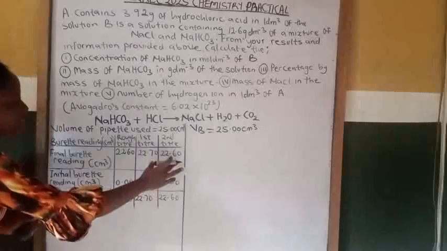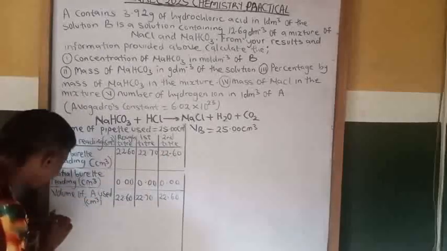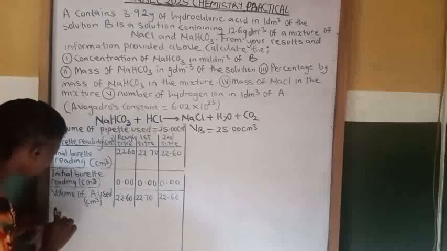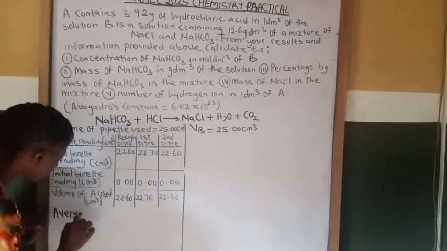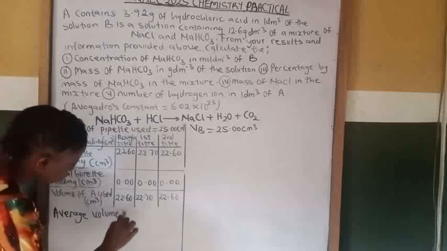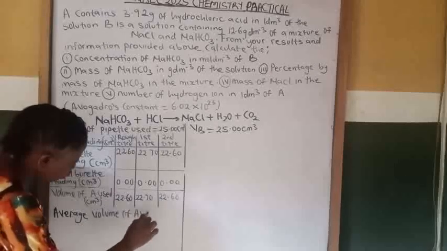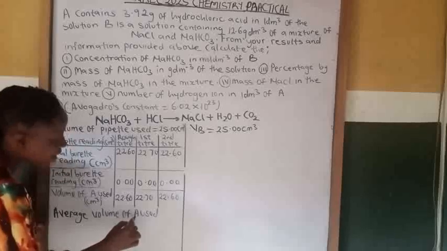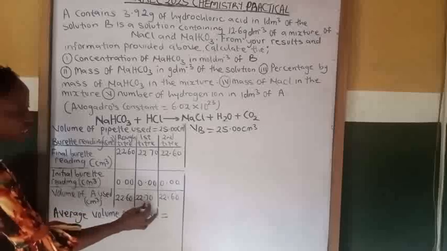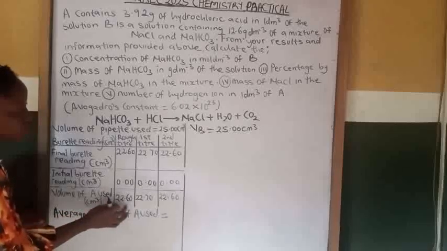So let's calculate the average volume of acid used. Average volume of A used, my A is my acid, is equal to the first two concordant titre values, don't use your rough titre.